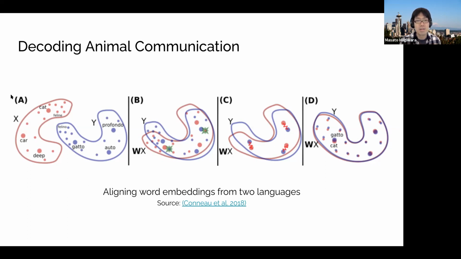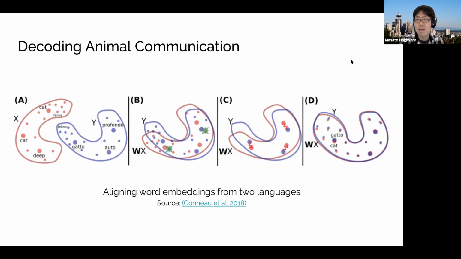So in this plot on the left, you have the embedding space for English, cat, car, and deep, and another space, another kind of structure is Italian, and then they kind of look the same. So what they did is they learned this mapping between these two subspaces in such a way that they actually overlap and are indistinguishable from each other.